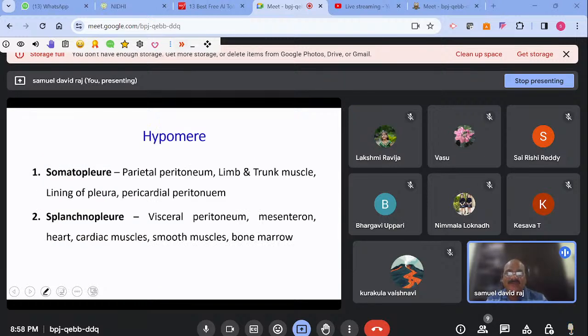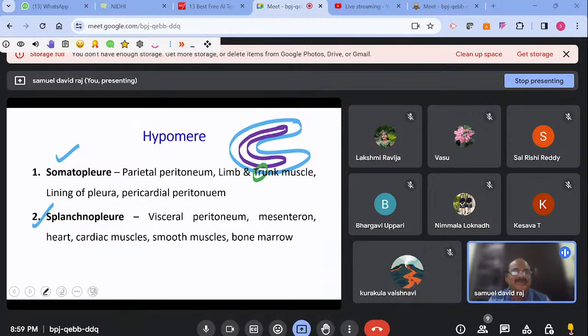And finally, hypomere. Hypomere is divided into two parts again: somatopleure and splanchnopleure. What is somatopleure? This is the gastrula stage with ectoderm, endoderm, and mesoderm. So somatopleure refers to this ring: ectoderm and somatic mesoderm.